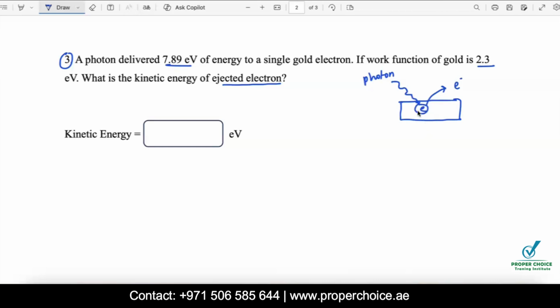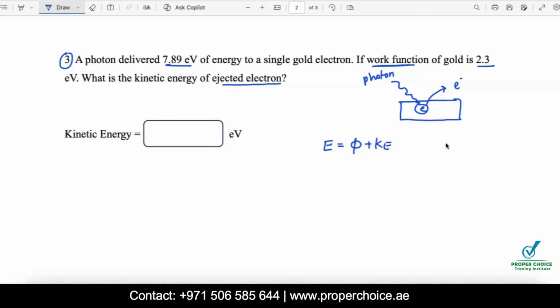The electron needs a minimum amount of energy to jump out. That minimum amount of energy needed is called the work function. So work function is the minimum energy needed for an electron to jump out of the metal surface. And whatever extra energy is delivered will be converted into kinetic energy. So I can say the supplied energy by the photon is equal to work function plus the kinetic energy.